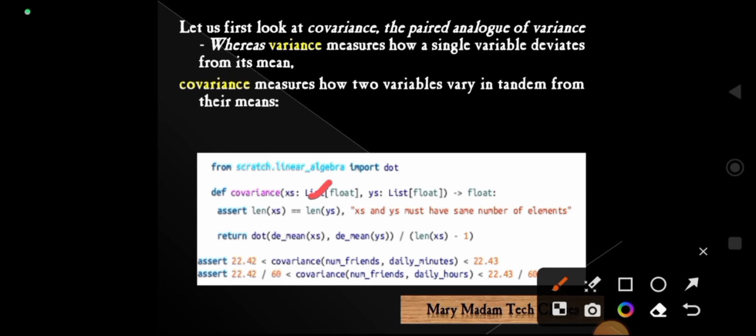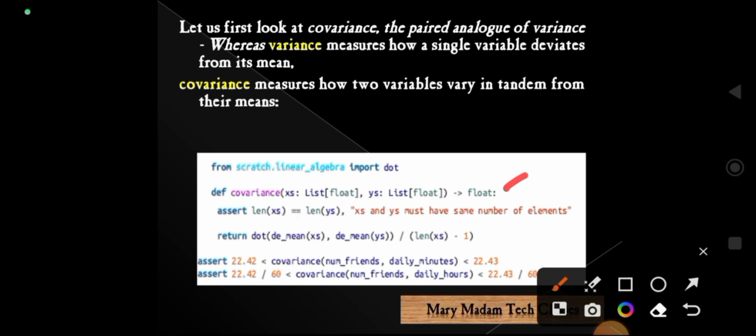Here we are going to take an xs list and a ys list with floating values, and it returns a float value. The number of elements must be the same. For that purpose, we are using the assert statement: assert len of xs equals len of ys. So the xs list and ys list should have an equal number of elements.